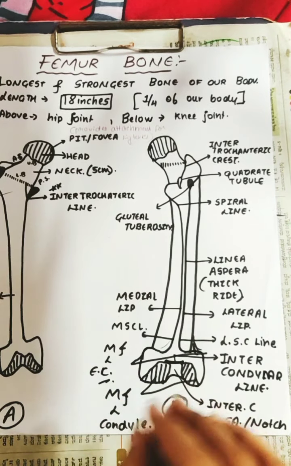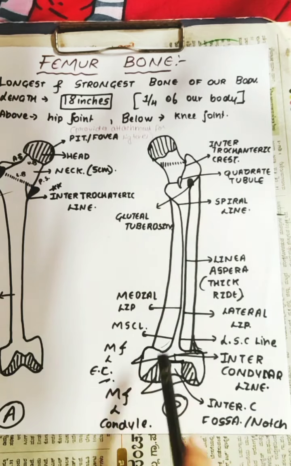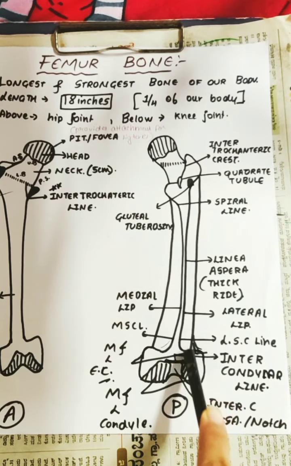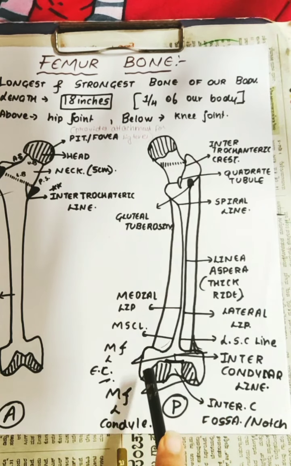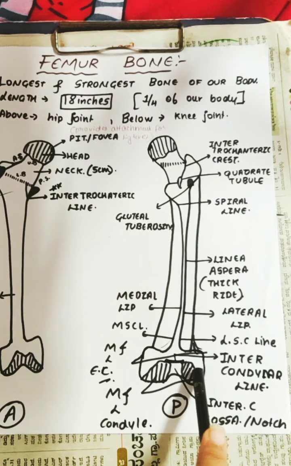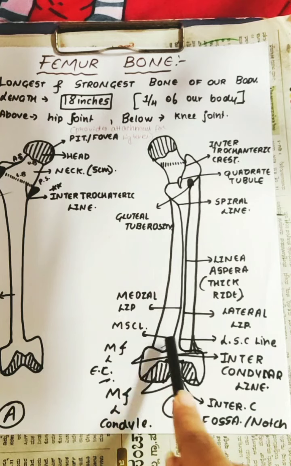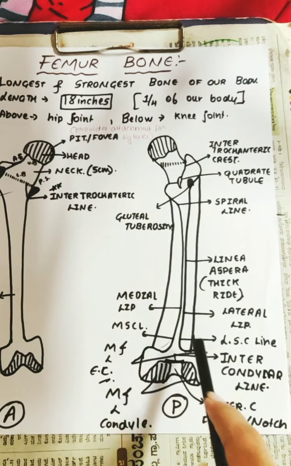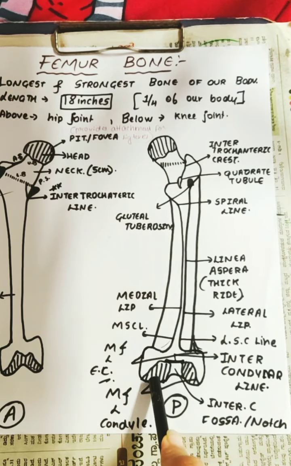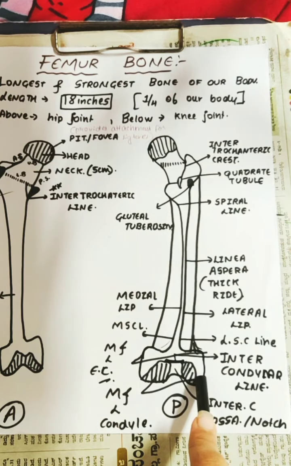It looks a bit messy, so you have to understand this: this and this are the medial and lateral epicondyles, and this and this are the medial and lateral condyle regions.